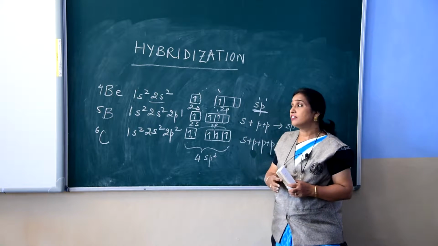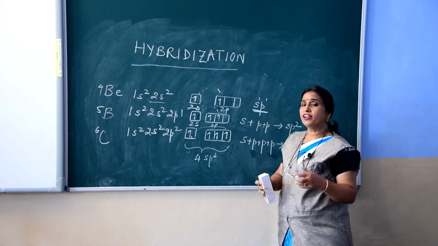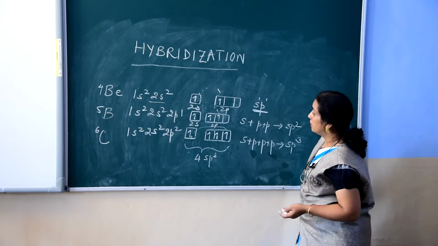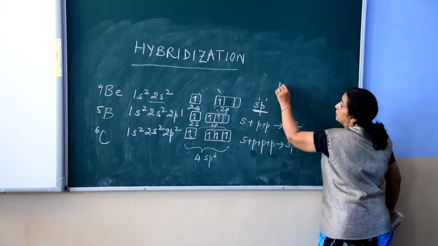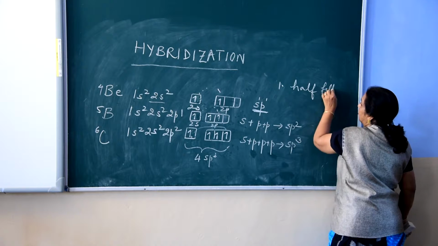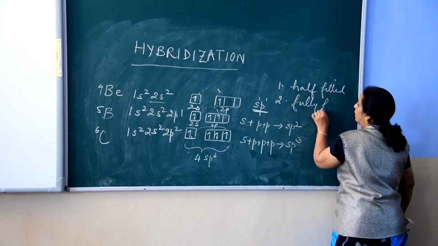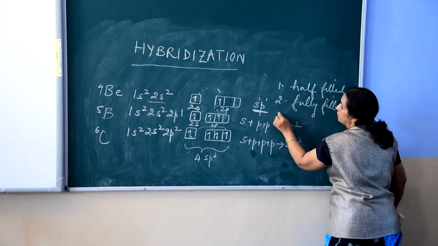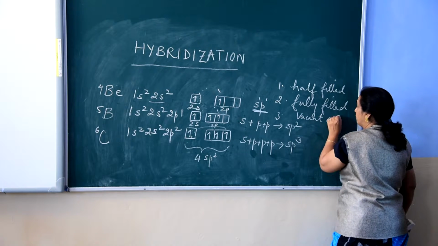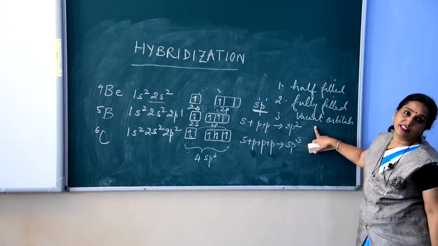Is it necessary that only half filled orbitals are taking part in hybridization? So, let us see the criteria which all types of orbitals can take part in our hybridization. For hybridization, half filled, fully filled as well as vacant or empty orbitals also take part in hybridization.